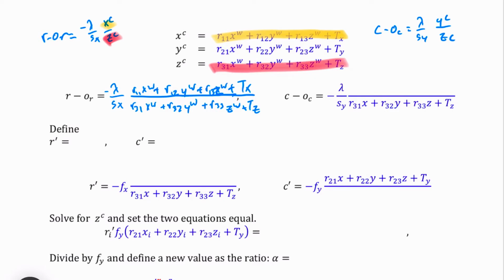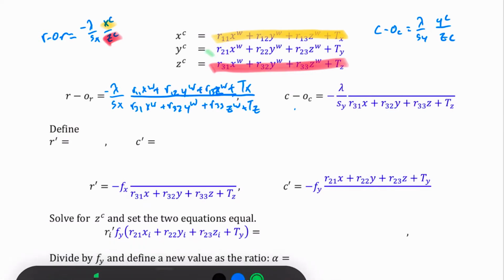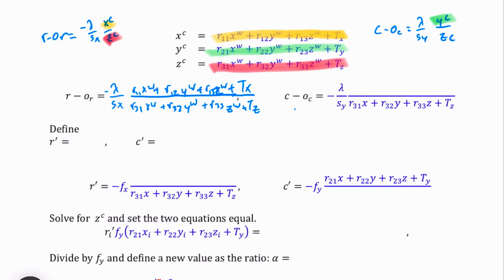On the other side, we've got exactly the same thing, only we're dividing our y-coordinate. So we can write our y-coordinate in. The y-coordinate is going to go there on the top. So I've got r21 x world plus r22 y world plus r23 z world plus ty.